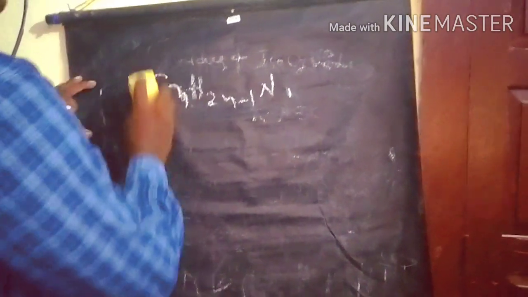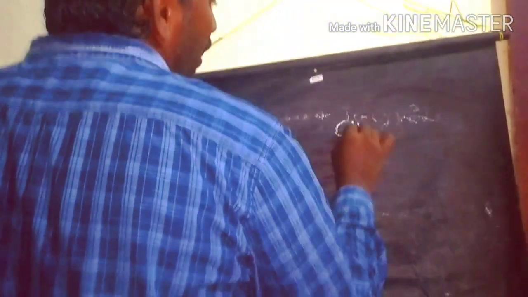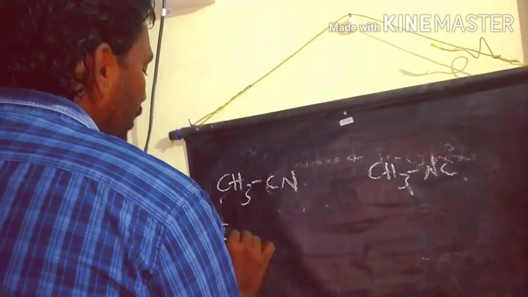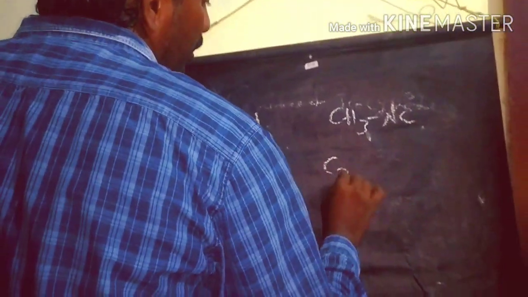Let's write some examples here: this one is methyl cyanide, this one is methyl isocyanate, this one is ethyl cyanide, and this one is ethyl isocyanate.